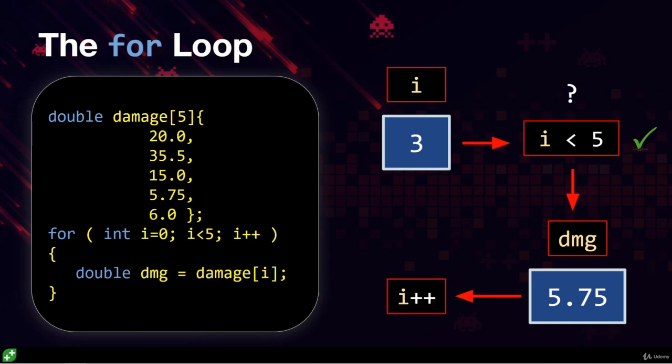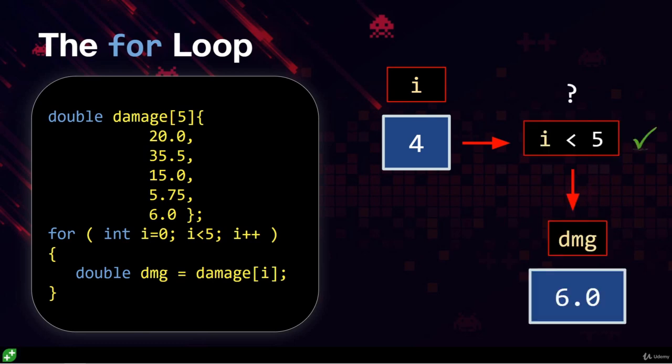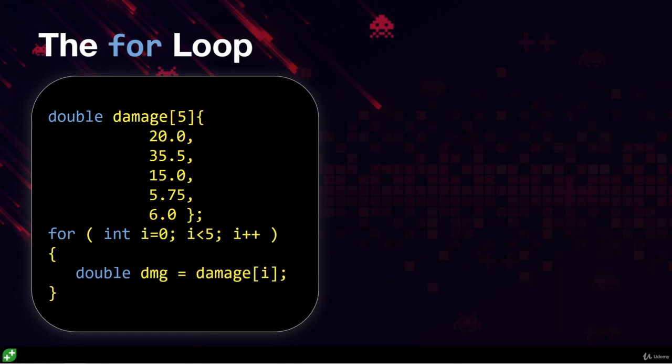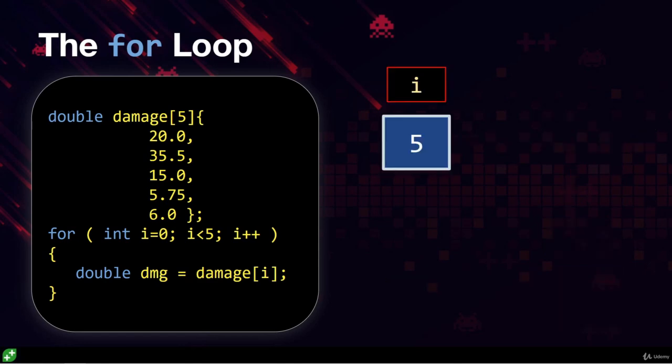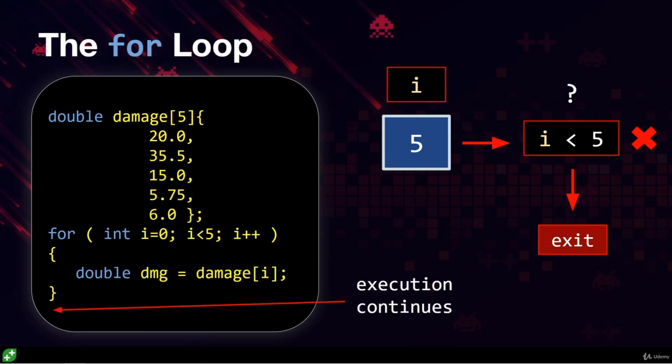And we increment i again. Now i has a value of 4, and the loop condition evaluates to true because 4 is less than 5, so the loop body executes, and dmg gets the value of 6.0, the fifth element in the array, at which point i gets incremented once again, and now it has a value of 5. Now this time we evaluate the loop condition, and 5 is less than 5 is false. And the flow of execution continues at the line just past the loop body.